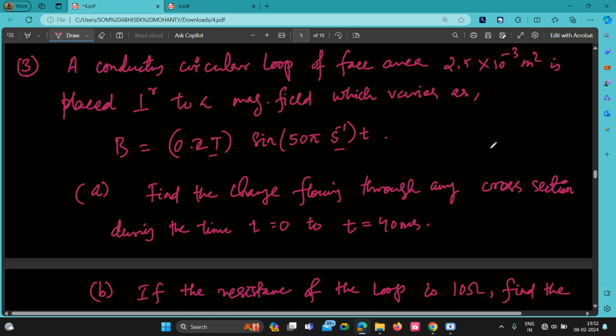Just try this question. Okay, first write down the data that is given.